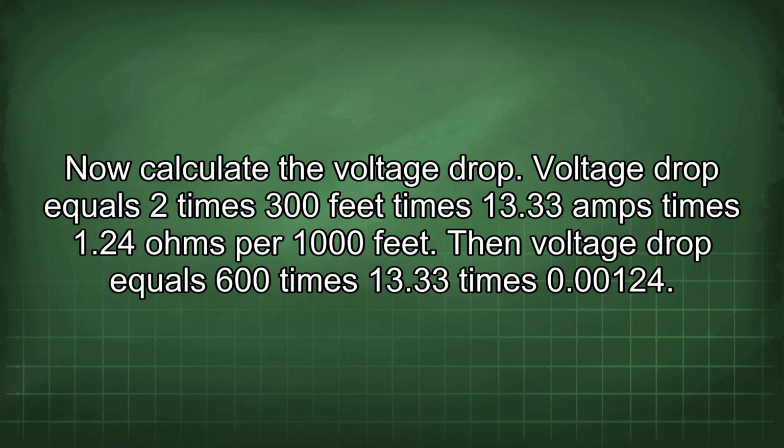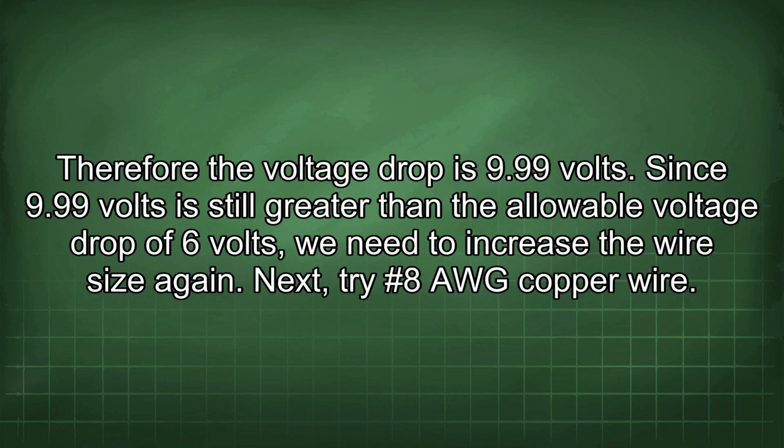Then voltage drop equals 600 times 13.33 times 0.124. Therefore, the voltage drop is 9.99 volts. Since 9.99 volts is still greater than the allowable voltage drop of 6 volts, we need to increase the wire size again. Next, try #8 AWG copper wire.